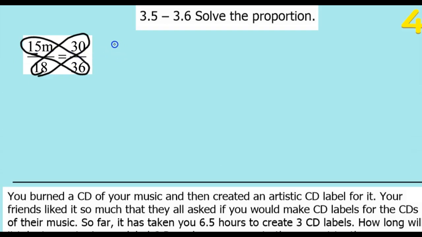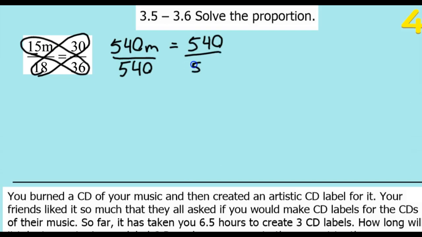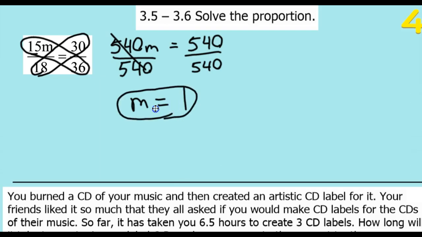So if I multiply those out, 15 times 36 equals 540m. 30 times 18 gives me 540. Divide by 540. I get m equals 540 divided by 540, which is 1. m equals 1.